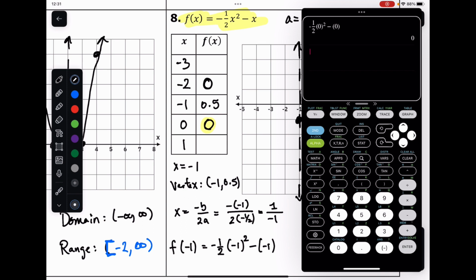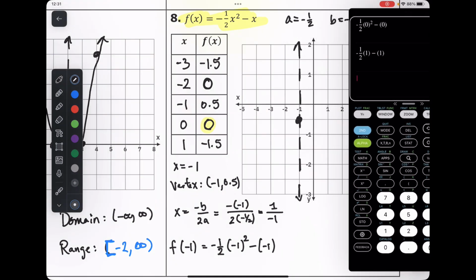Now let's plug in 1. So negative fraction 1/2. We now multiply the 1/2 with this new x value of 1. And we're going to subtract, again, that x value of 1. And that's negative 1.5. And again, in order to preserve symmetry, that value also has to be negative 1.5.